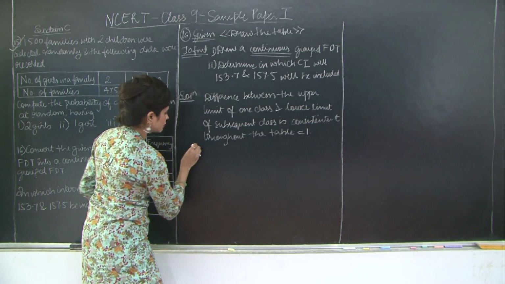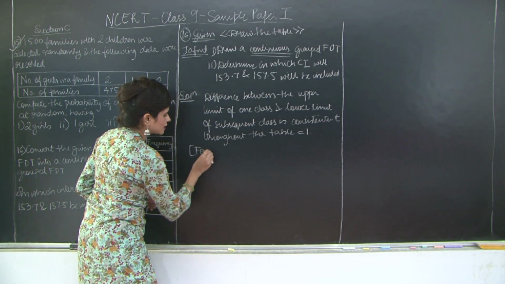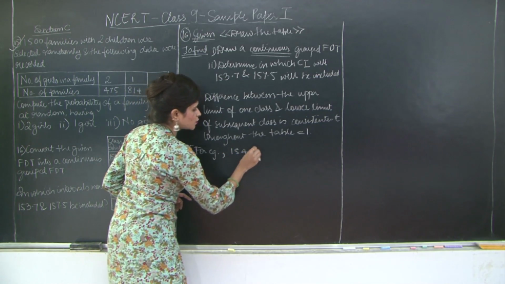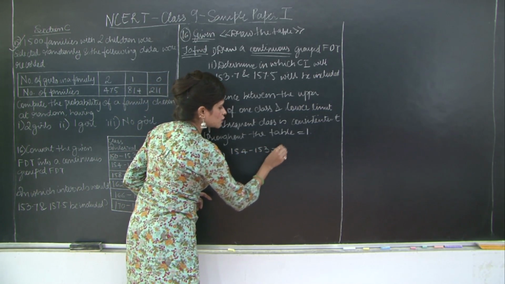For example, in brackets, 154 minus 153 is equal to 1.